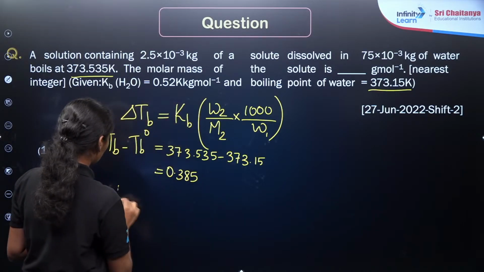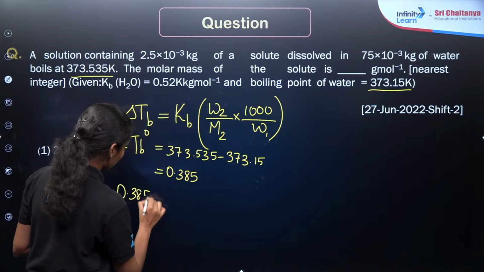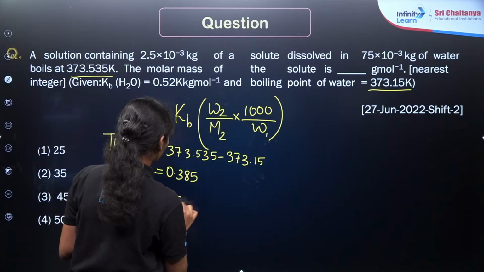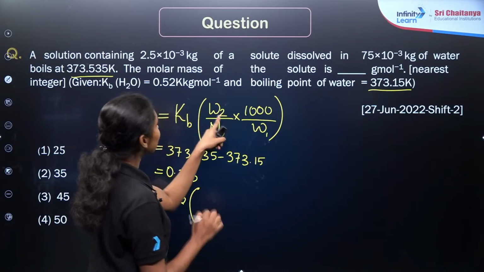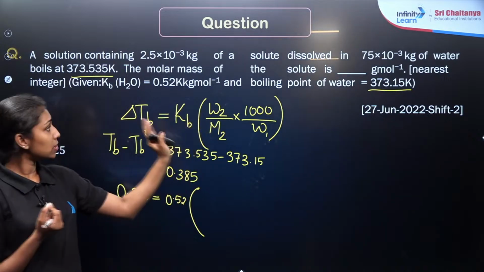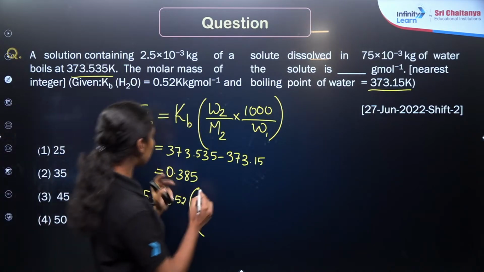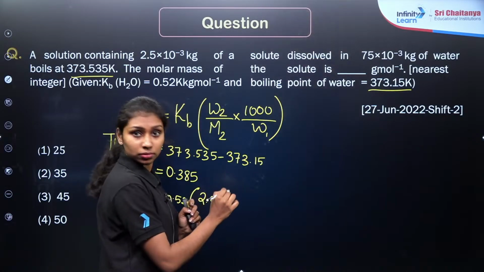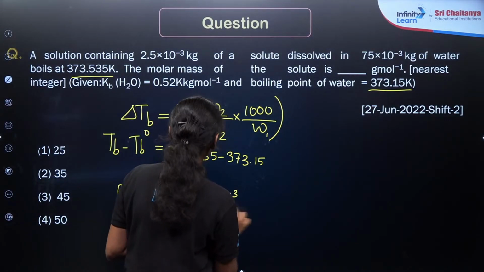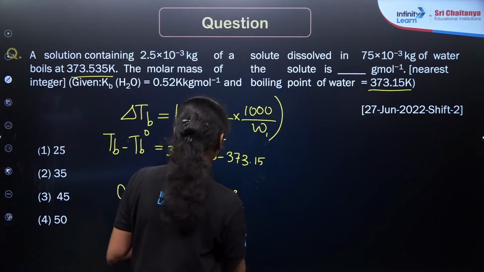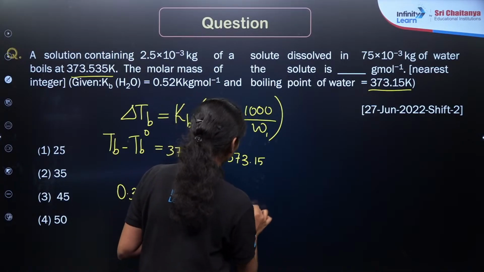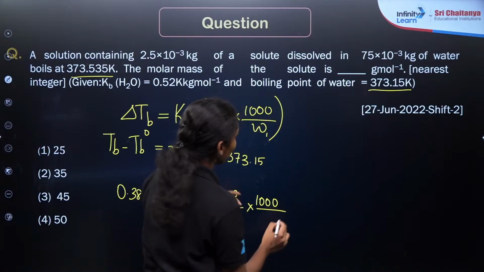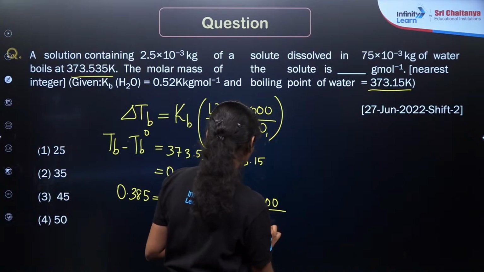So 0.385 is equal to Kb, given as 0.52, into W2, the mass of the solute, which is 2.5 into 10 to the power minus 3. We need to calculate the molar mass M2, into 1000 divided by W1, the mass of the solvent, 75 into 10 to the power minus 3.